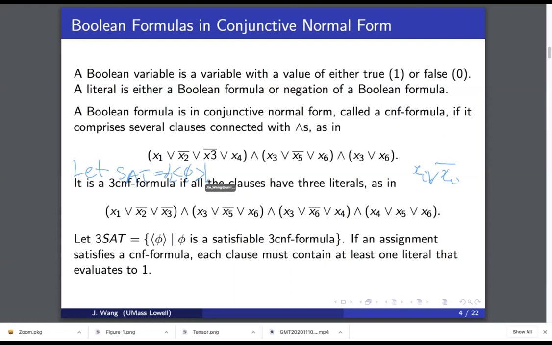In other words, each formula after encoding is just a binary string, and this phi is a conjunctive normal form formula, and it is satisfiable.